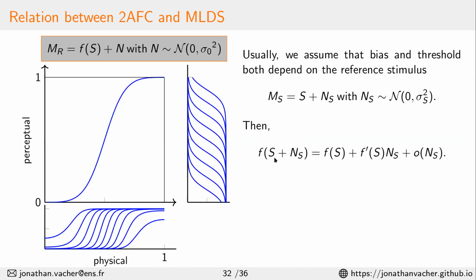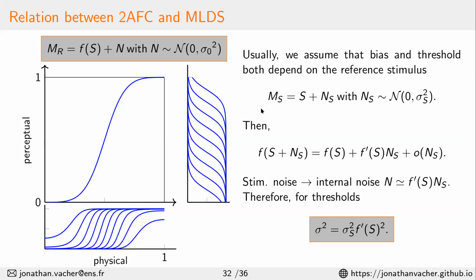If you take the function f of that, and you say the noise is small, you can do a first-order Taylor development, and you find that the function of the stimulus plus noise is equal to the function of the stimulus plus a noise. And so you can approximate that to this noise with constant variance. So you end up saying, okay, this noise here is the same as this one.